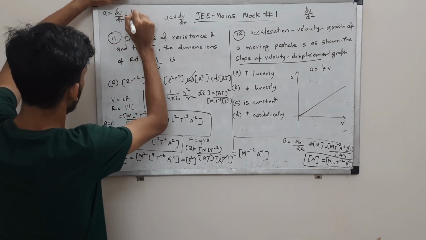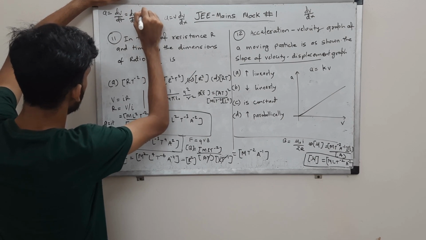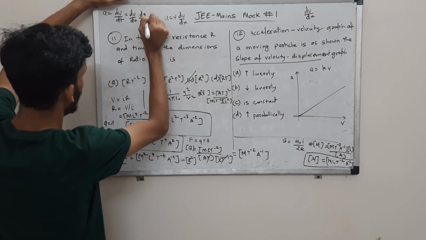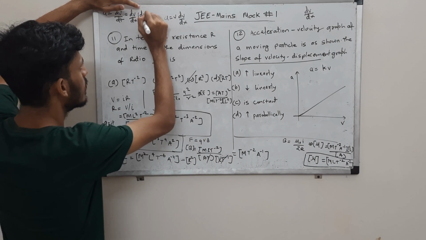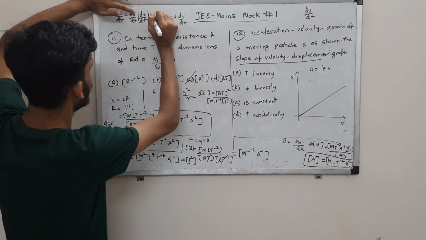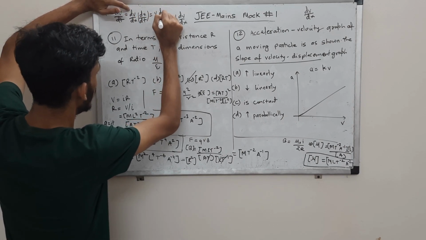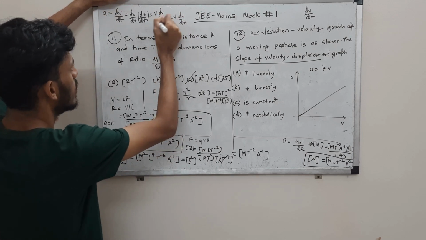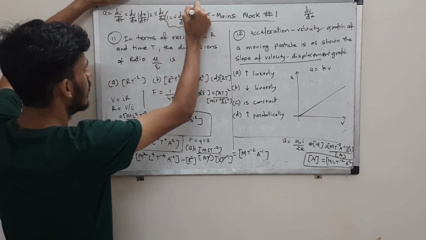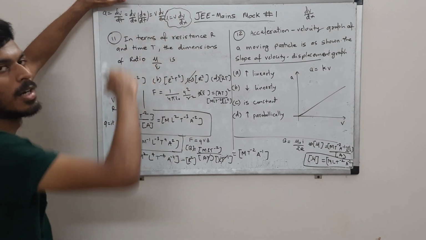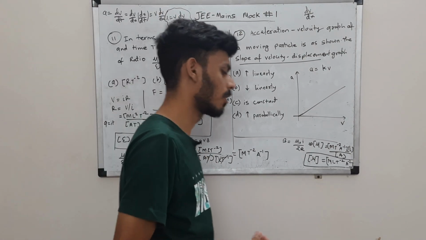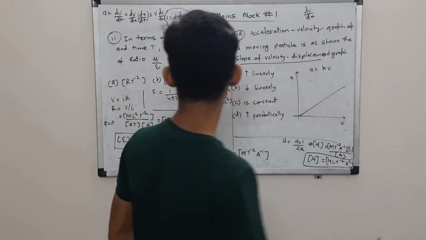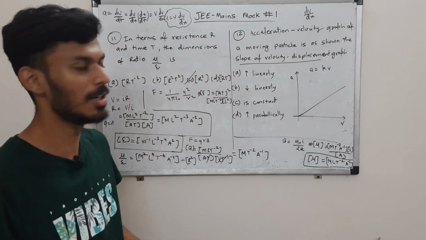You can divide and multiply by dx. So dx by dt is nothing but v, and we have dv by dx. So you can write a as v dv by dx. You should remember this. This is a very common result, and I recommend you remember that.